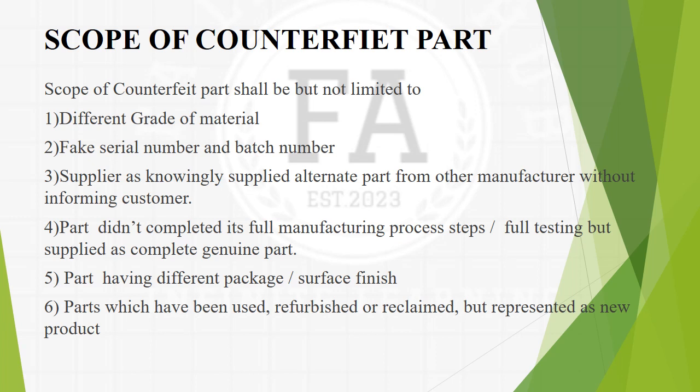What it means: if I have a PCB, it's just one example, maybe it will be applicable or not, we don't know, but as per the customer, the PCB should have a surface finish of hard gold, but due to some situation the supplier has done a soft gold surface finish and delivered it to the customer, and since the customer doesn't have any mechanism to verify which gold they have done, it is like a kind of abusing the customer and supplying a counterfeit part.